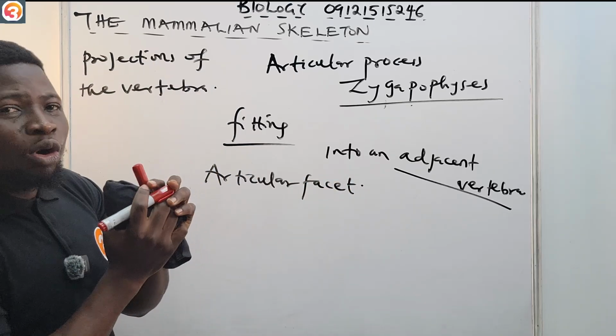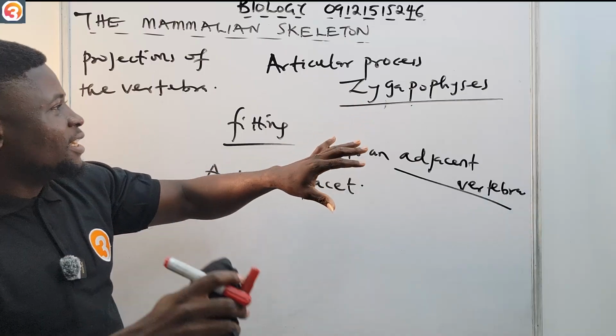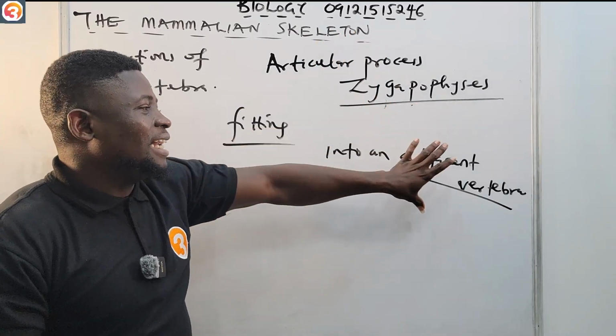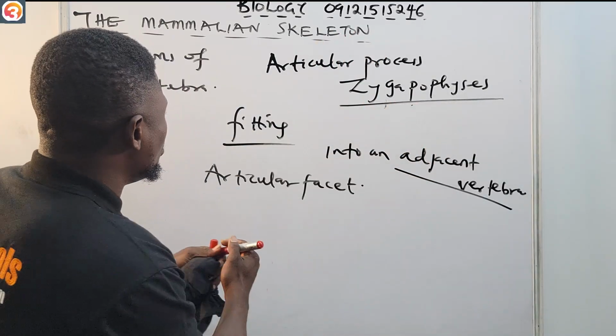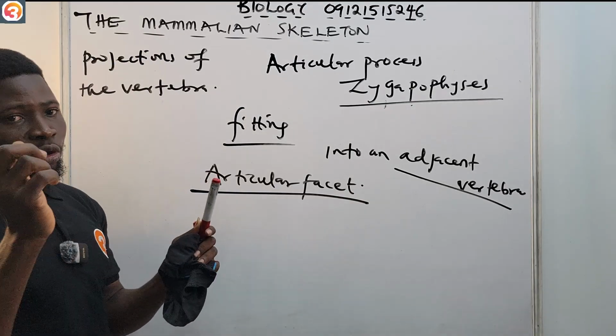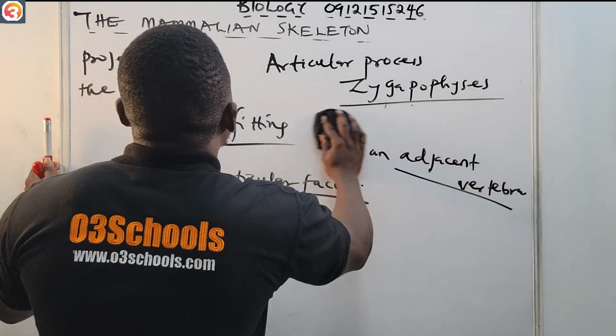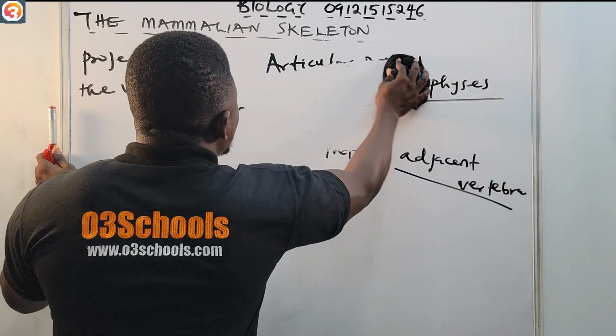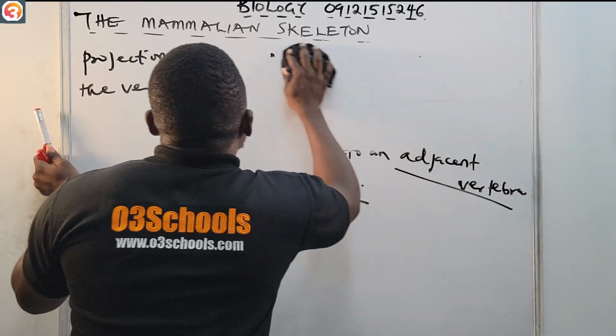And of course, the actual point of contact between this articular process and this adjacent vertebra is what we call the articular facet. So please take note of that.